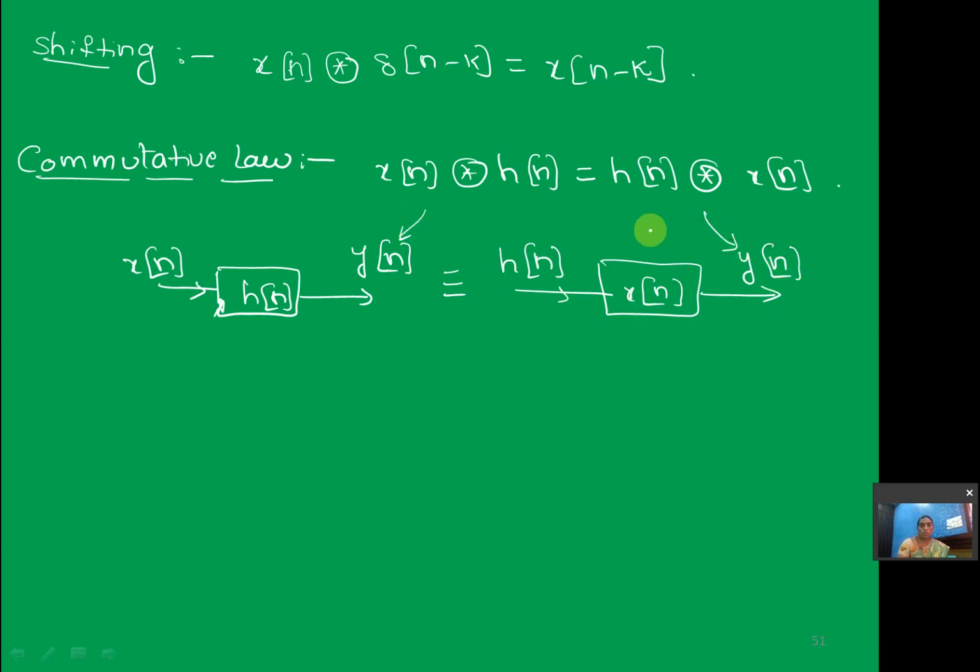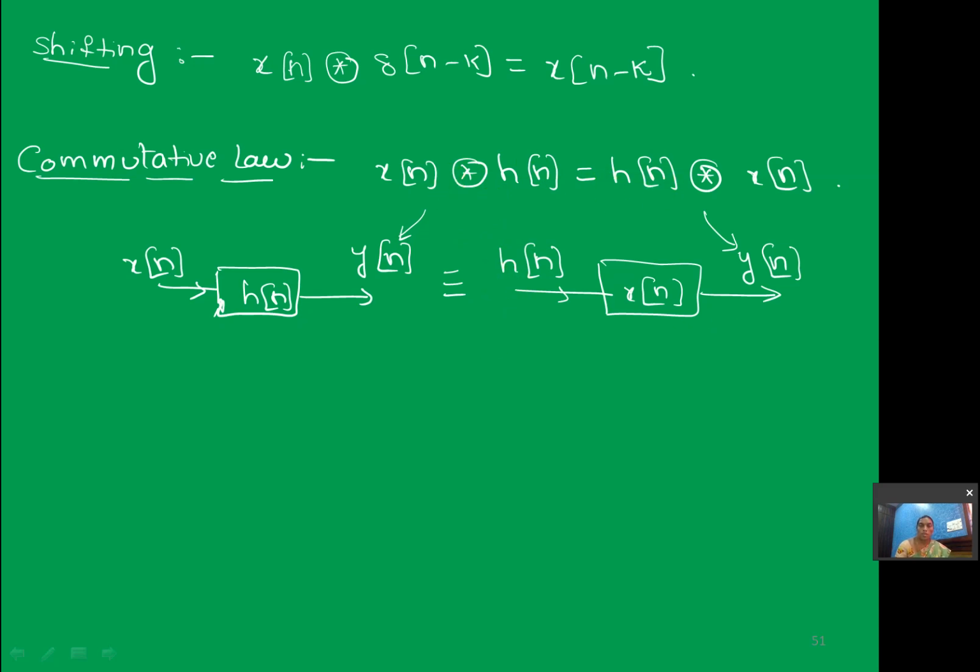Okay, right? You can prove this also by taking summation formulas, but it is not necessary here. But understand what the commutative law is. You can interchange these two values and you get the same result. There is no problem in that.